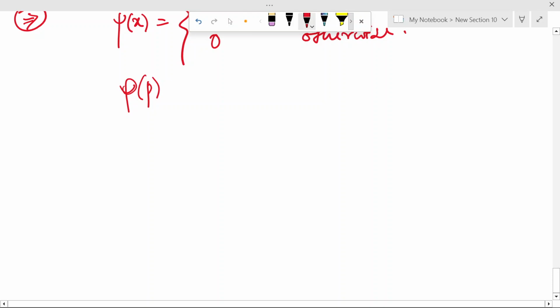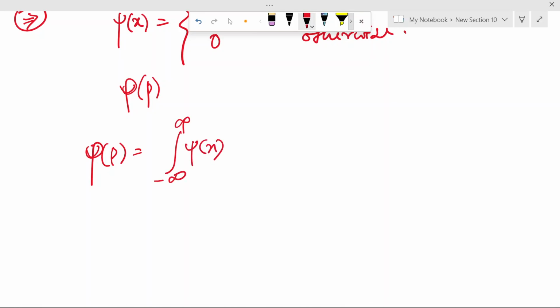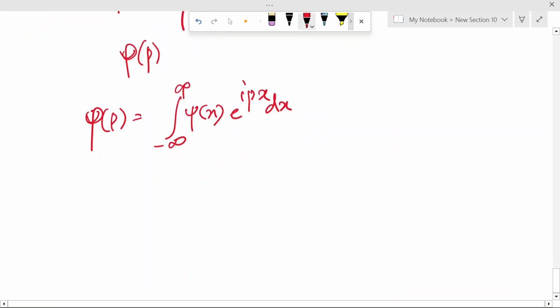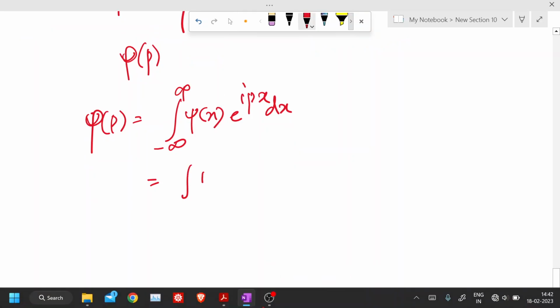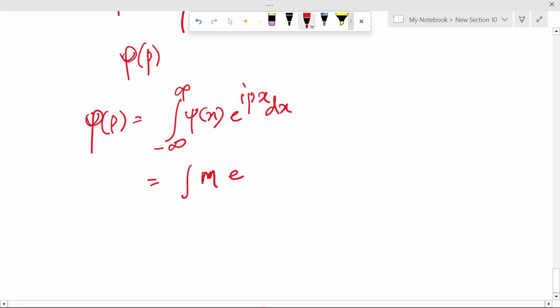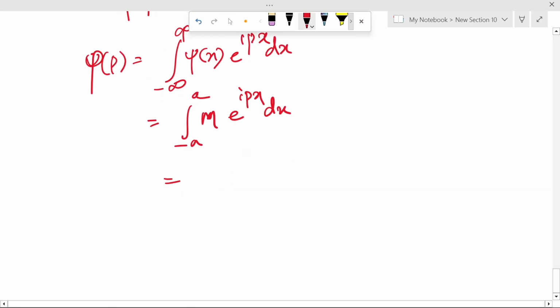You have to just Fourier transform psi, right? Phi of p. What will be the Fourier transform? It is some factor into the integral from minus infinity to infinity of psi of x e to the power i p x into dx. Now it takes value m only from minus a to plus a, right? Minus a to plus a. So what will be the integration value? You can do the integration.